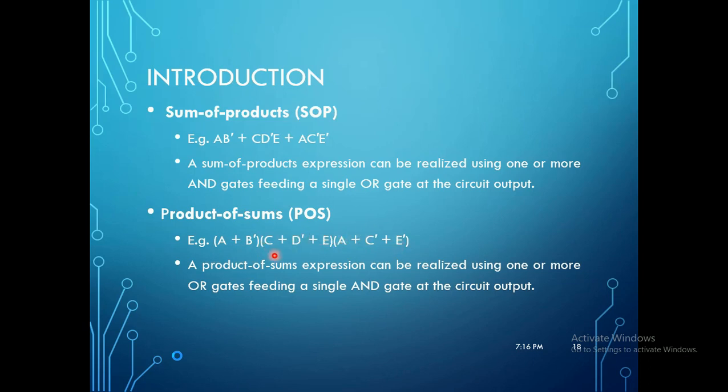Now you do the multiplication, that means the product of all these three terms. So, product of sums. This product of sums expression can be realized using one or more OR gates feeding a single AND gate at the circuit output.